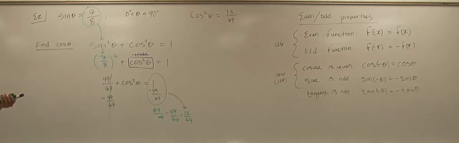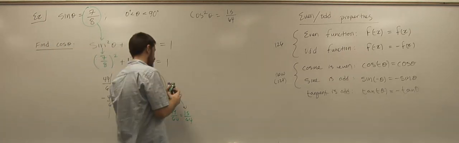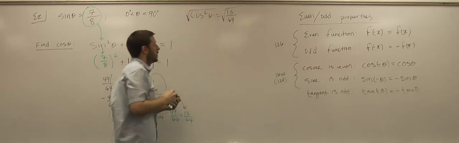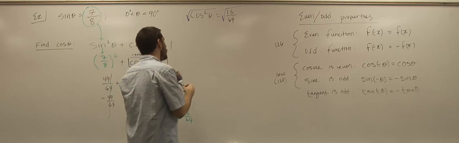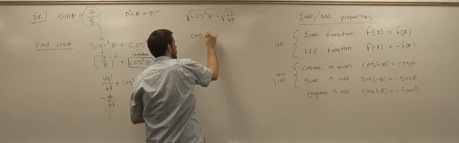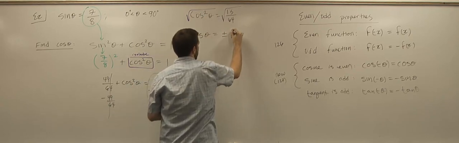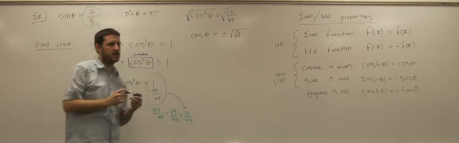But I didn't ask you for cos squared theta. I asked you for cos theta. So what do you do? Square root. Square root that bad boy. Now you've got to be careful here, because when you square root both sides, the square root of cos squared you can put as cosine, but because you square root both sides, you need a plus or minus, at least for a second.